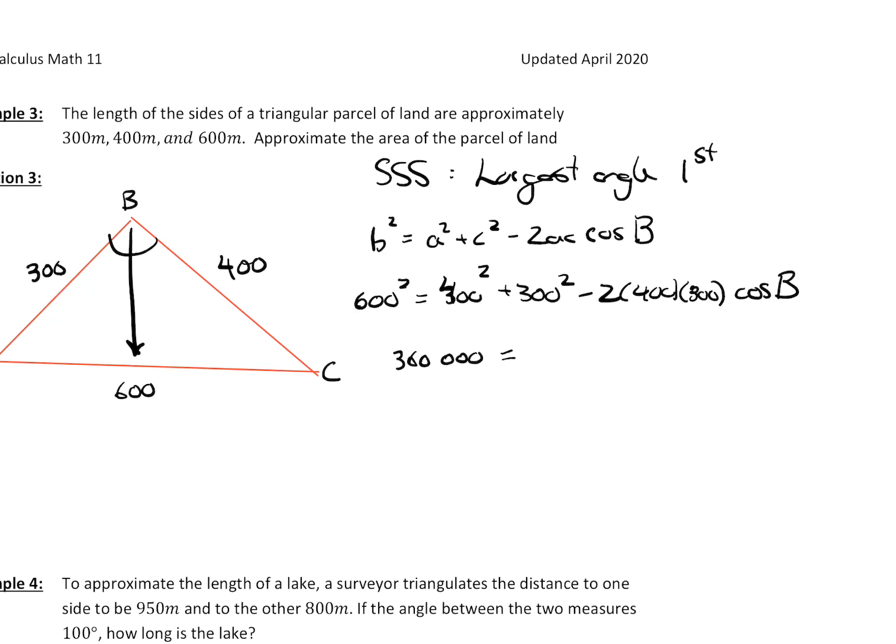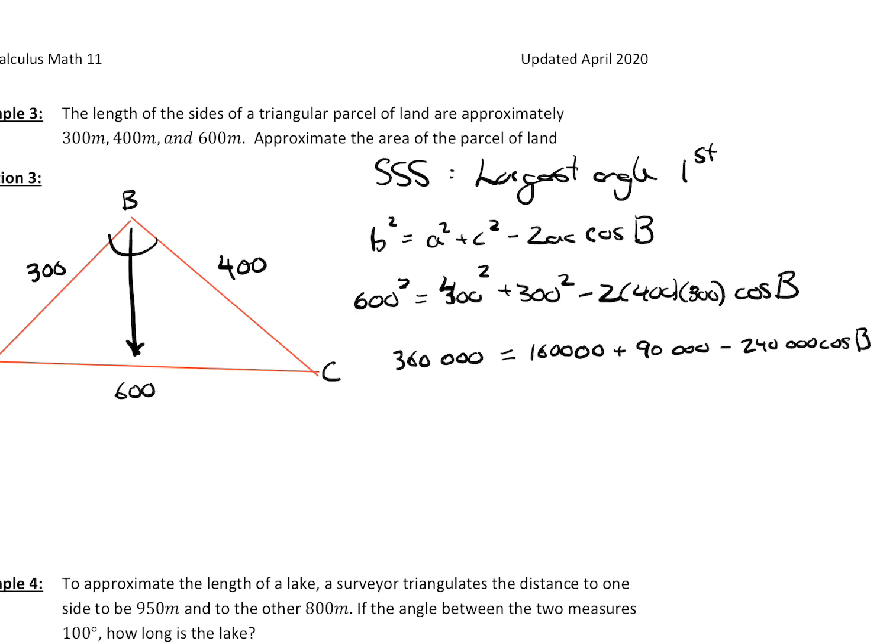And then 400 squared is 160,000 plus 90,000, which is 300 squared, minus 2 times 400 times 300, so minus 240,000 cos B.